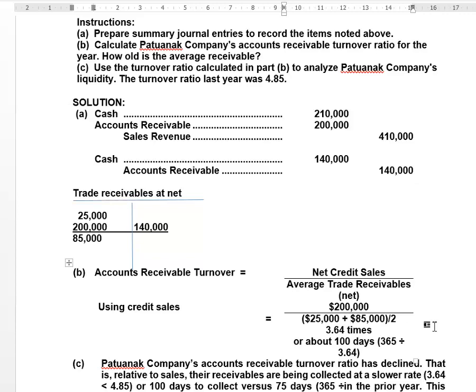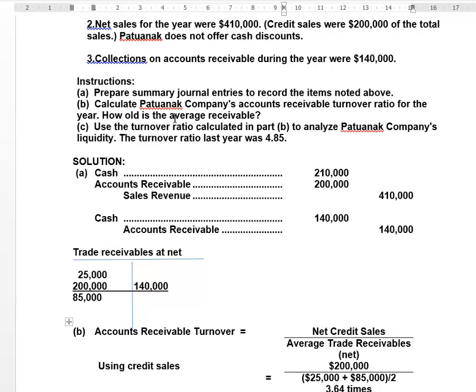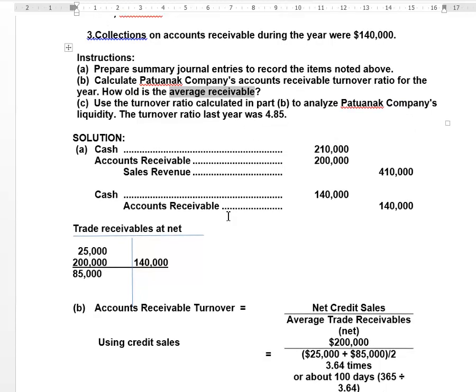So if we add together $25,000 plus $85,000 and divided by 2, we're going to get an average of what? $55,000. So $200,000 divided by $55,000 is going to give us 3.64 times a year. Or if we calculated how old the average receivable is, the age of a receivable is in days.